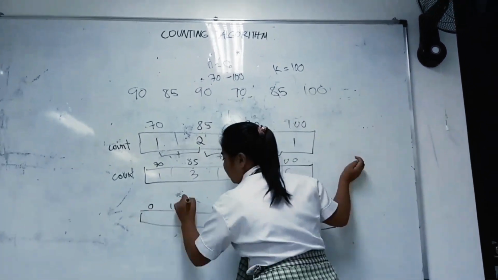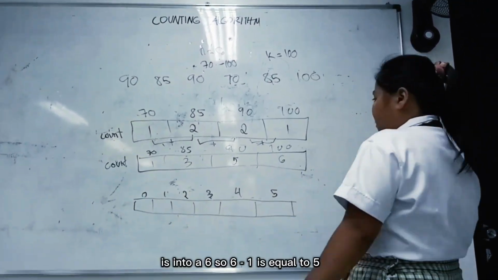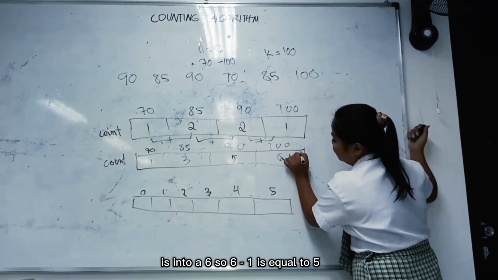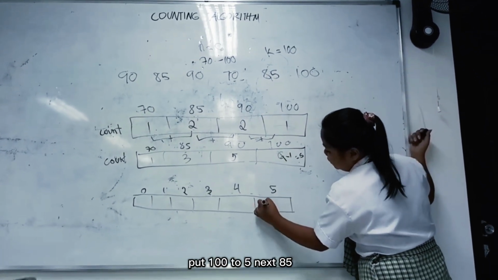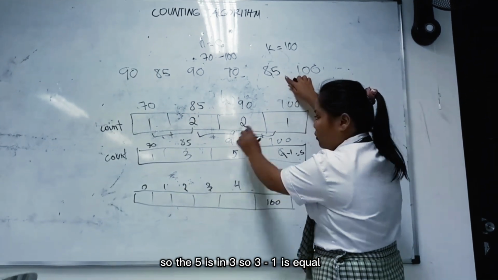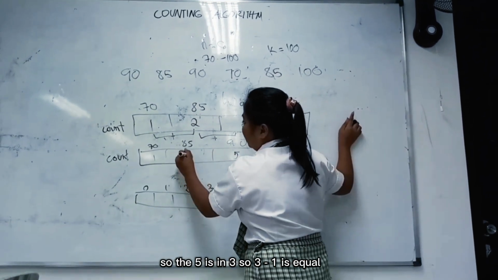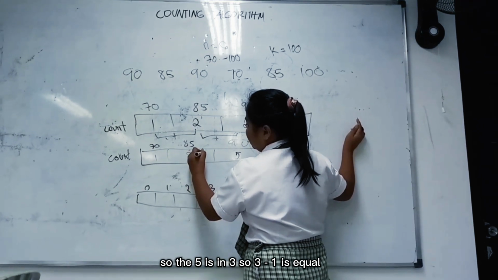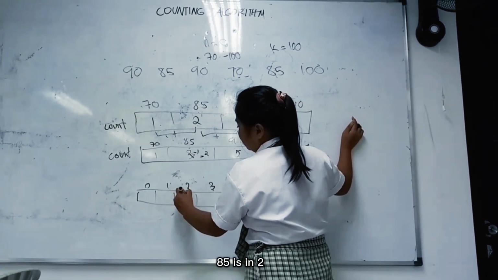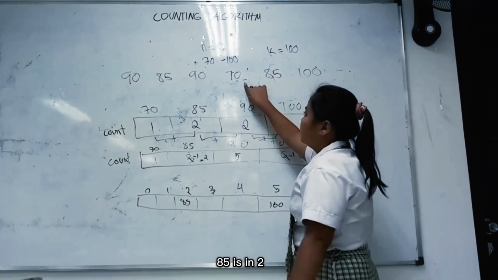Let's start with 100. 100 is in 6, so 6 minus 1 is equal to 5. Put 100 into 5. Next 85, so 85 is in 3, so 3 minus 1 is equal to 2, so 85 is in 2.